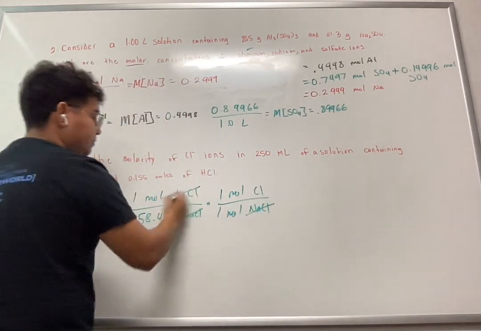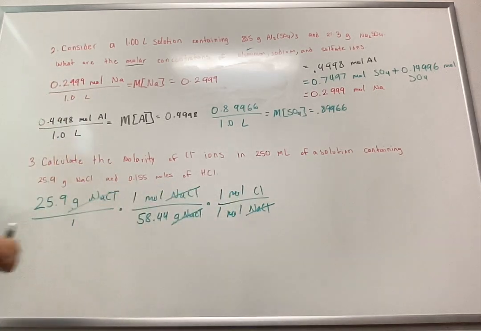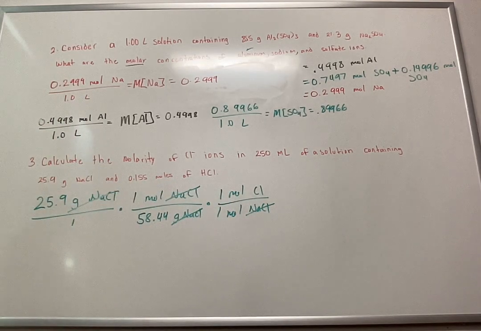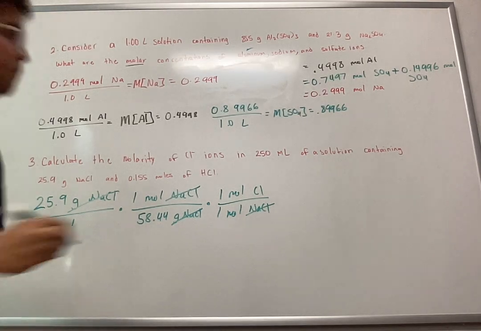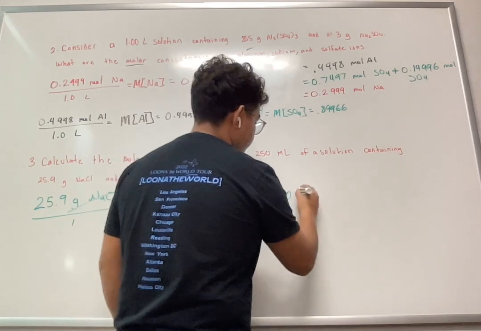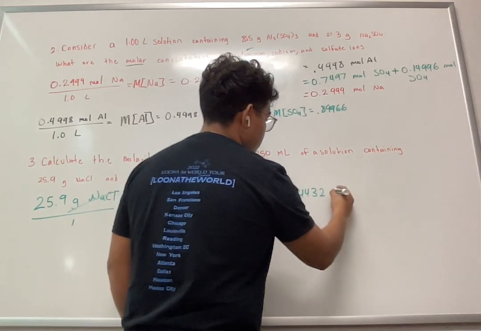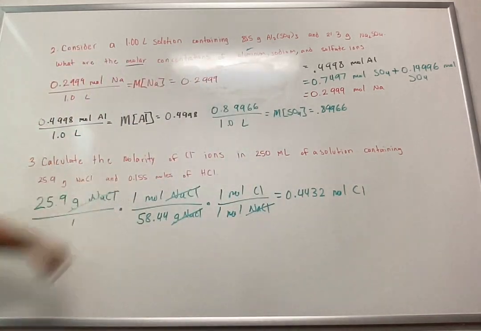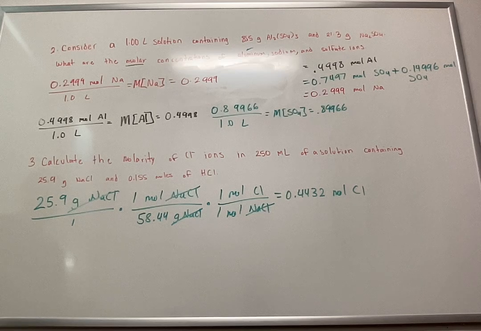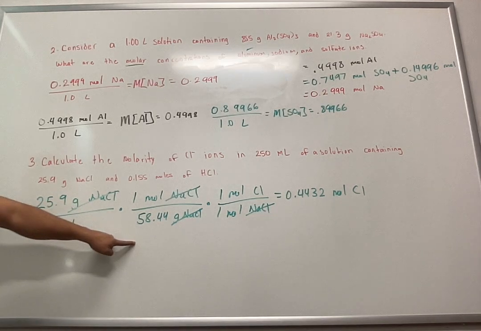So we cancel NaCl, we end up with moles of chlorine. If you notice, it's just 1 over 1, so 25.9 over 58.44 is going to give you your answer. 0.4432 mole Cl. Okay, this one a little bit easier because we basically start from this little point right here.